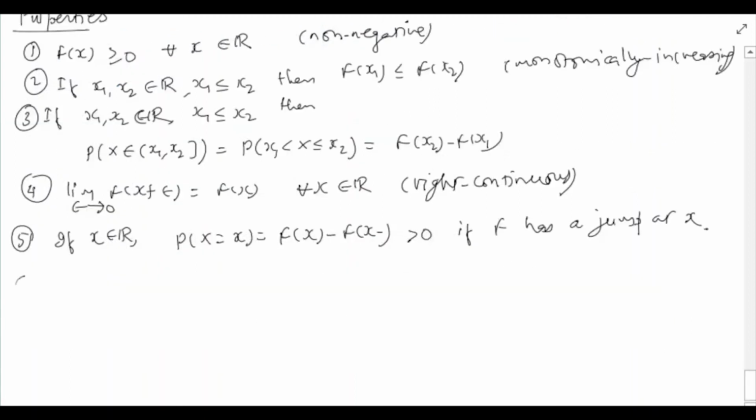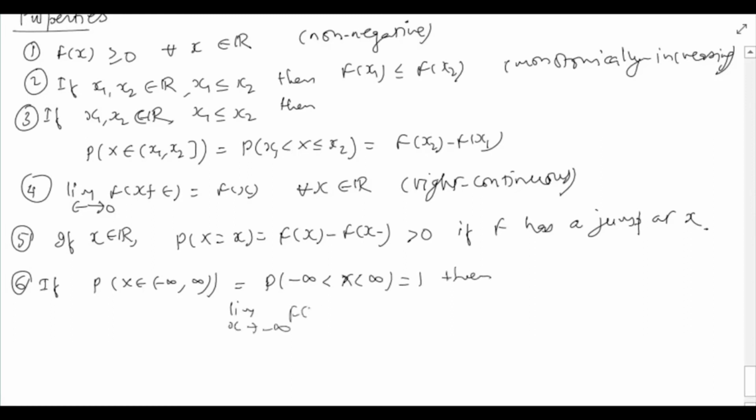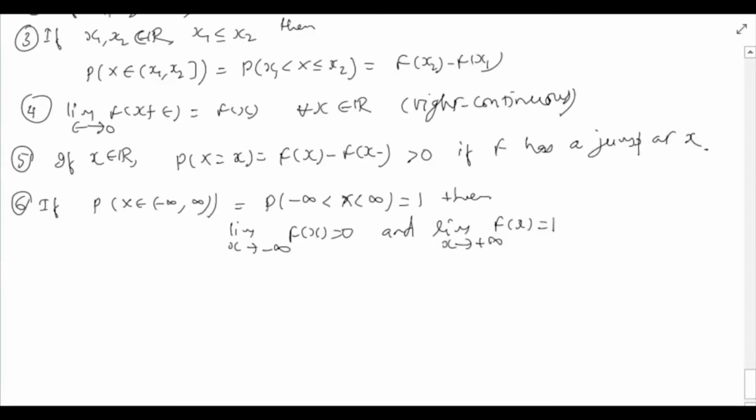Property number 6 says that if probability of X being a real number, that is between minus infinity and plus infinity, in other words, probability of X being between minus infinity and plus infinity is 1, then limit x tends to minus infinity, F(x) is 0, and limit x tends to plus infinity, F(x) is 1.